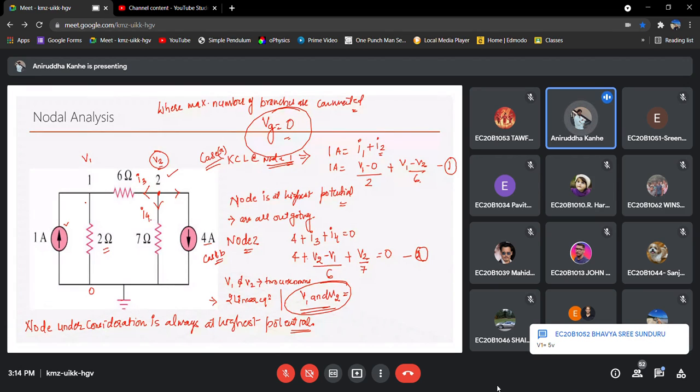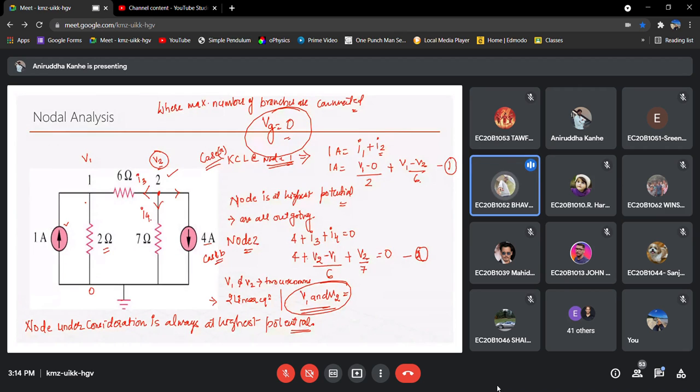Anyone else who tried it? V1 equals 5 volts. Anyone else who got this 5 volts as V1?